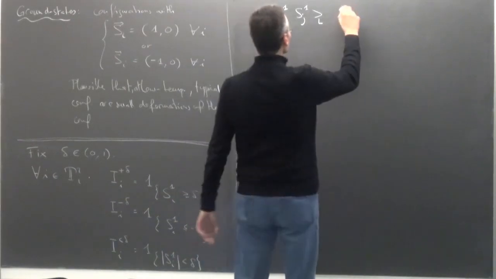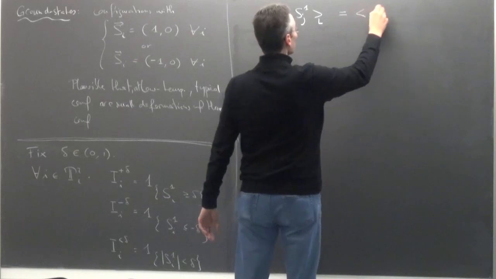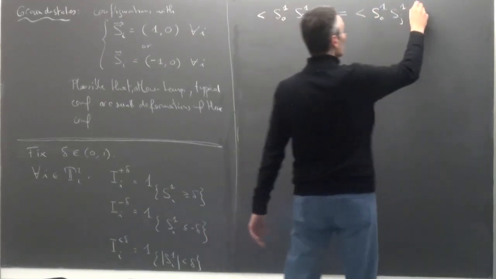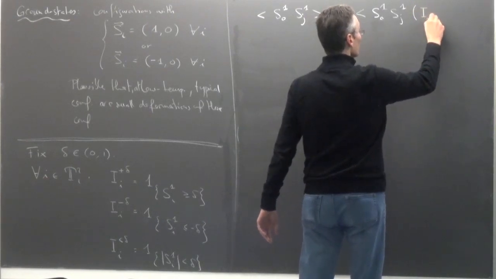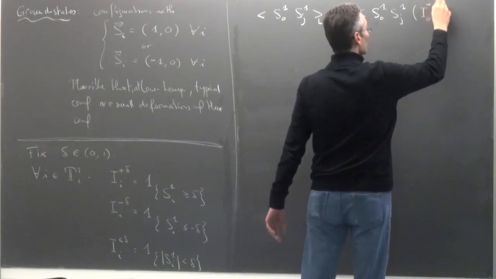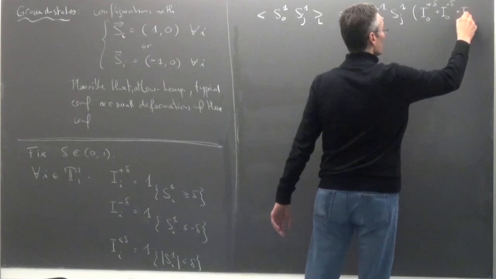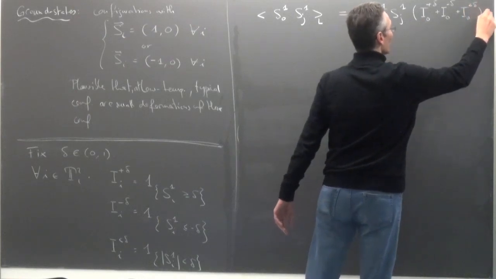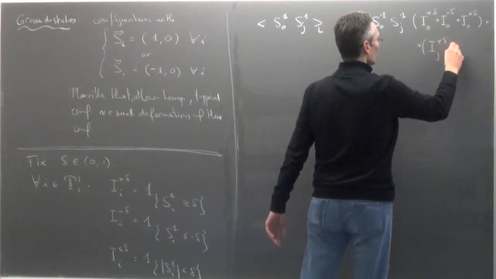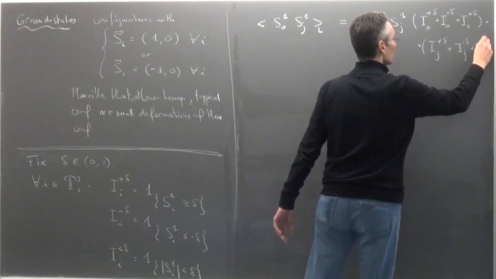And this is equal to S01 Sj1 multiplied by I0 plus delta plus I0 minus delta plus I0 smaller than delta, times Ij plus delta plus Ij minus delta plus Ij smaller than delta.